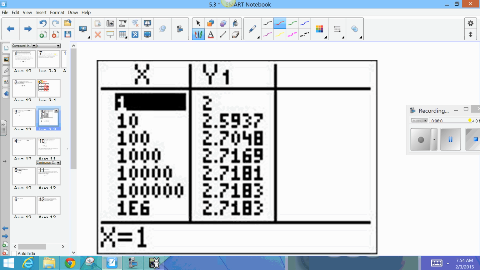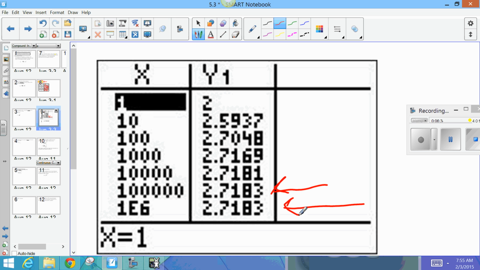Okay, so here I've got the calculator doing the work for me, and I've gone a little bit further than I did in my previous table. We take a look down here at n equals 100,000, and then n equals 1 million. You see that to 4 places after the decimal, the value of that function is actually equal.